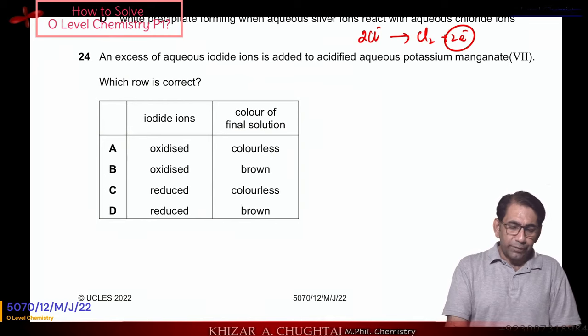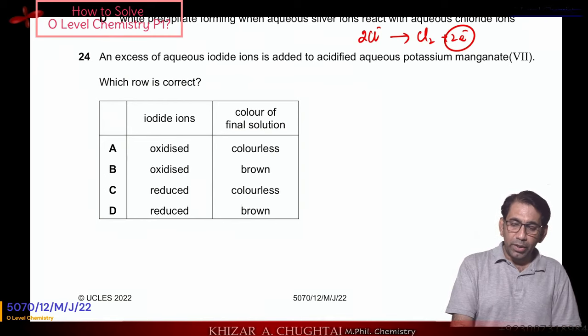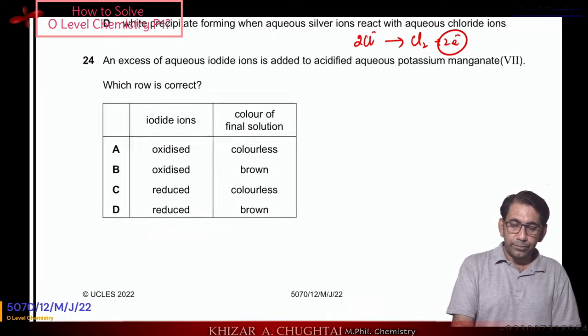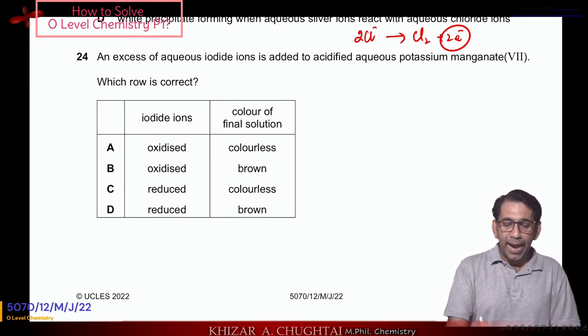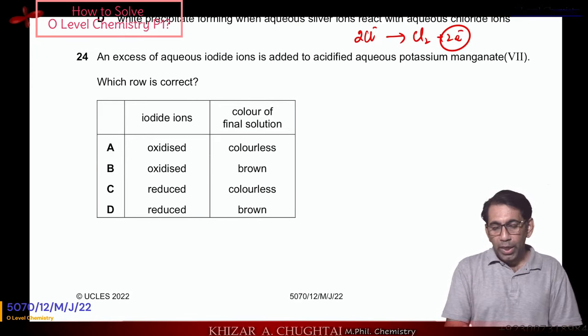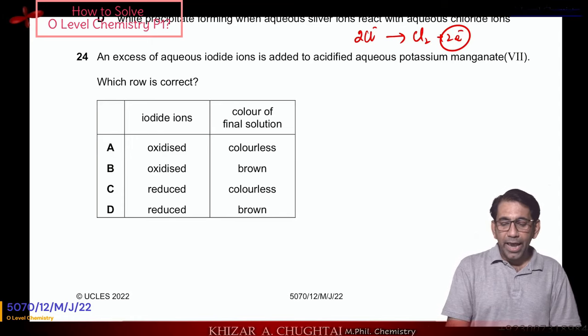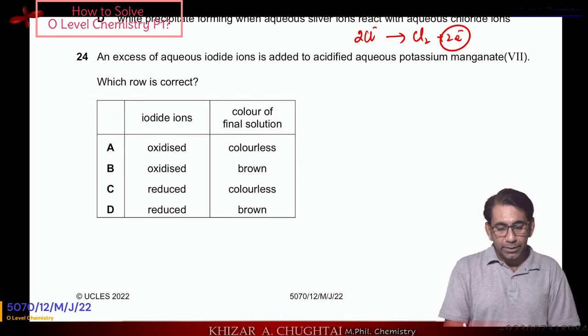Next, question number 24. An excess of aqueous iodide ion is added to acidified aqueous potassium manganate. Which row is correct?